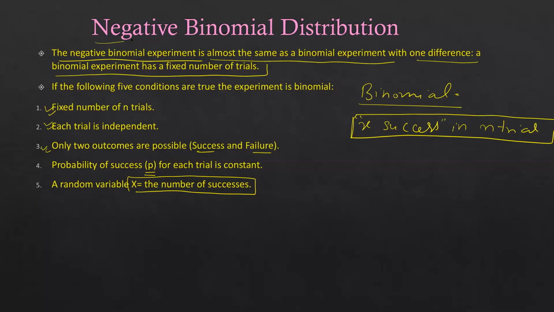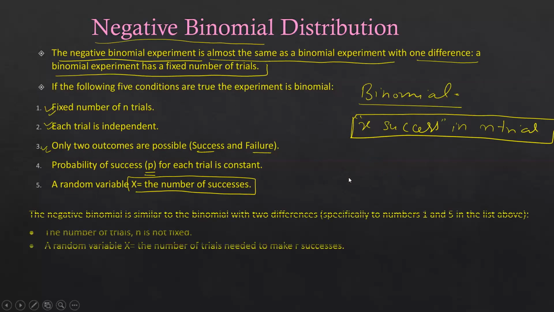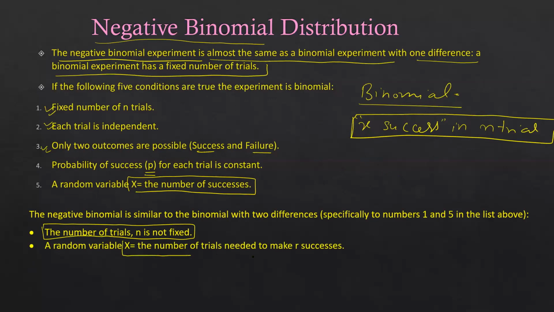But when we talk about negative binomial distribution, it is a reverse case. So what is the reverse case? In this negative binomial distribution, the number of trial is not fixed, and your random variable X becomes the number of trial needed to make R success. So let me put it in this manner. In binomial, you have X success in N trial.